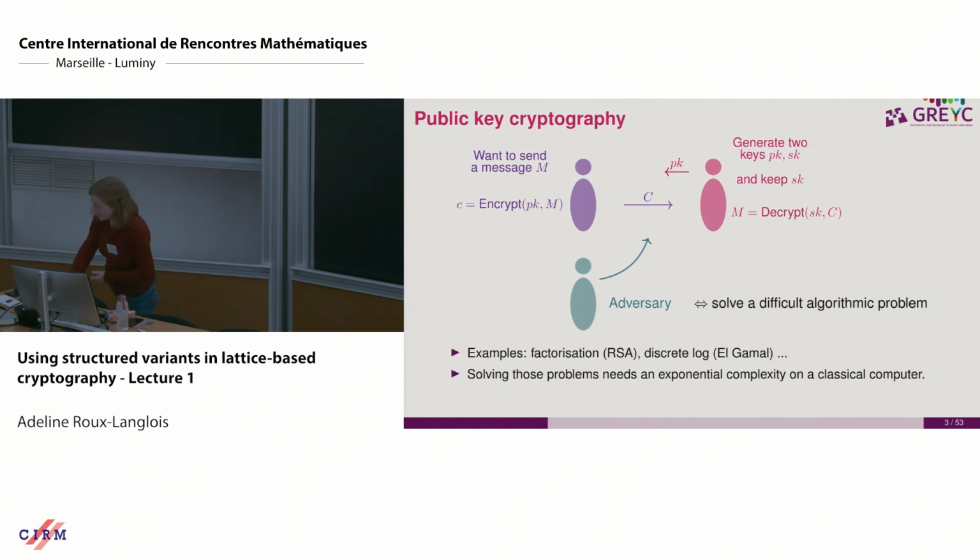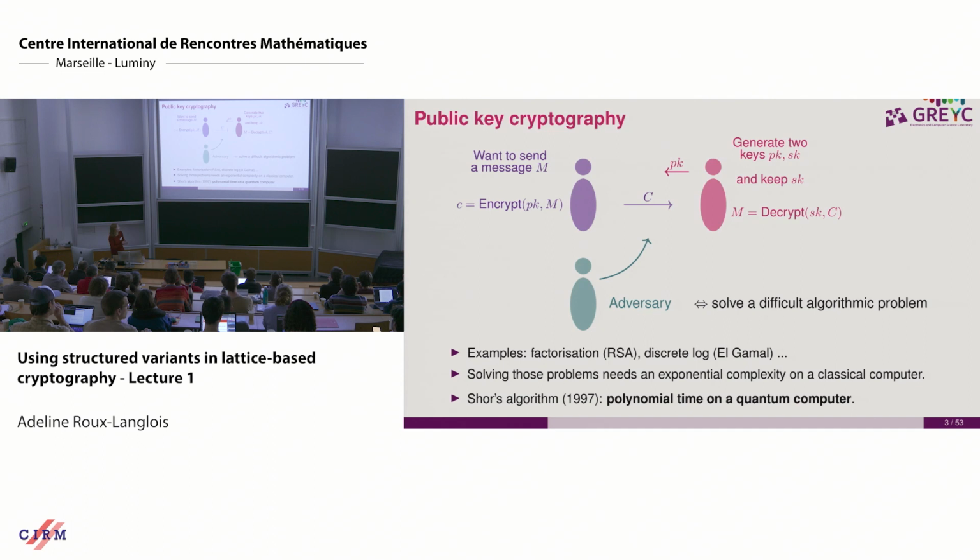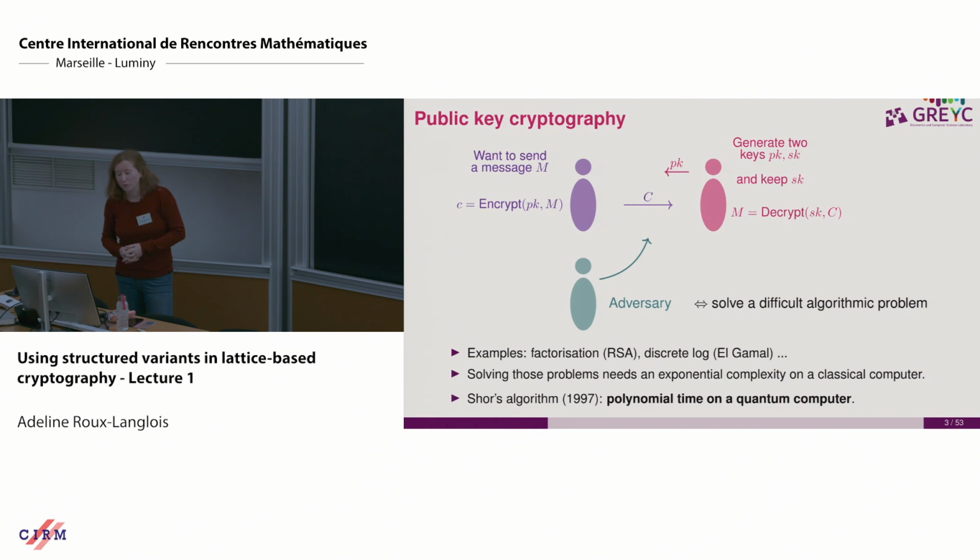But, as you all know, if someday, soon or not soon, we have a quantum computer, and you will need a very large, very powerful one, but still it may happen. There is an algorithm from Shor, from 1997, to solve those problems using a quantum computer.